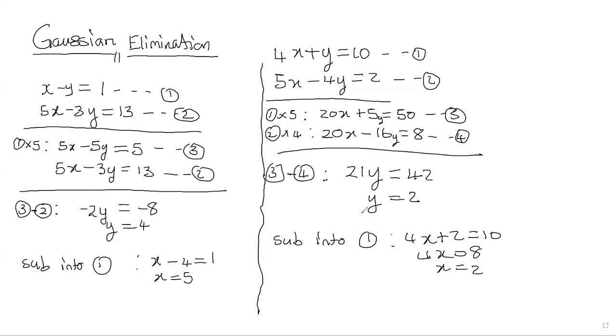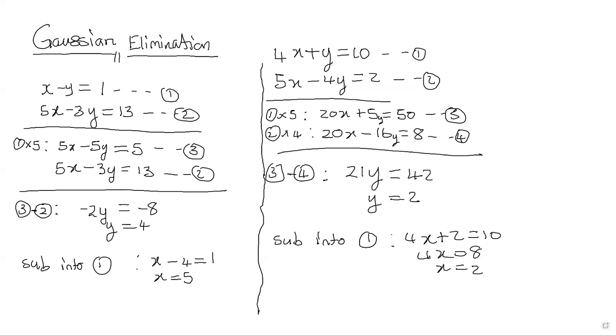Now, let's say we didn't multiply these things. We divided everything here by 4 so that we can make this thing like this, because let's just assume that's what we tried doing.